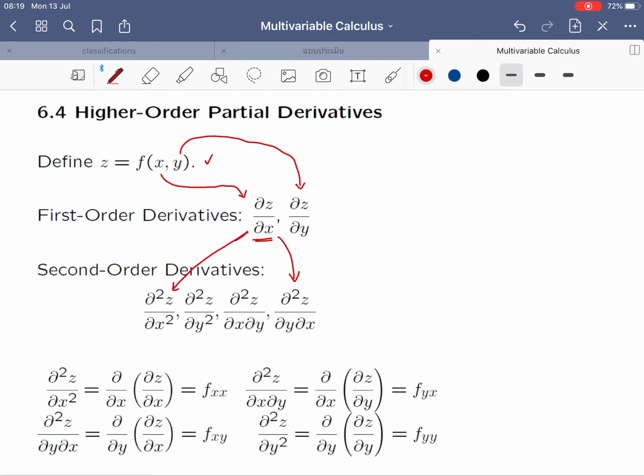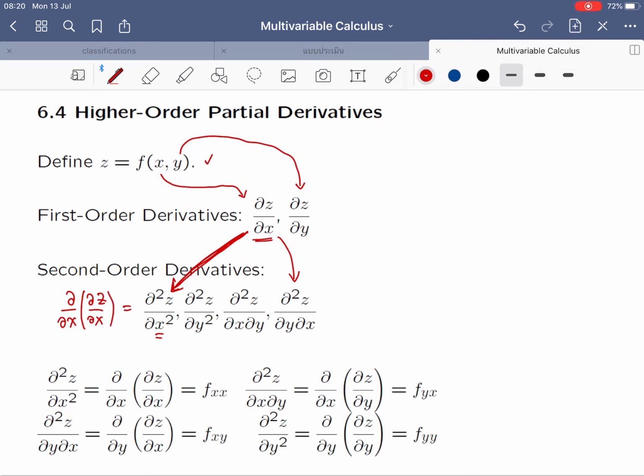This one has no ambiguity because we are finding the second partial derivative with respect to x one more time. So the way we write it, it is d by dx applied in front of dz by dx.